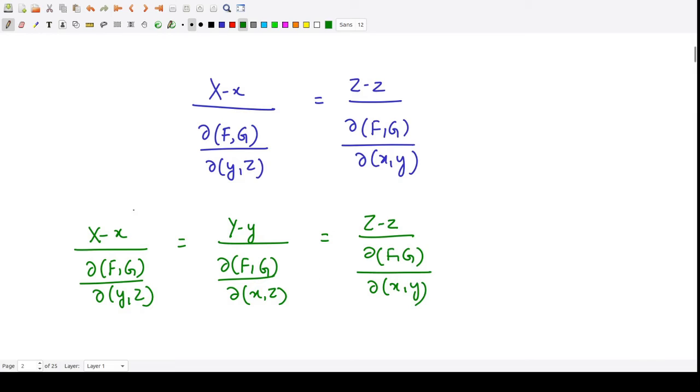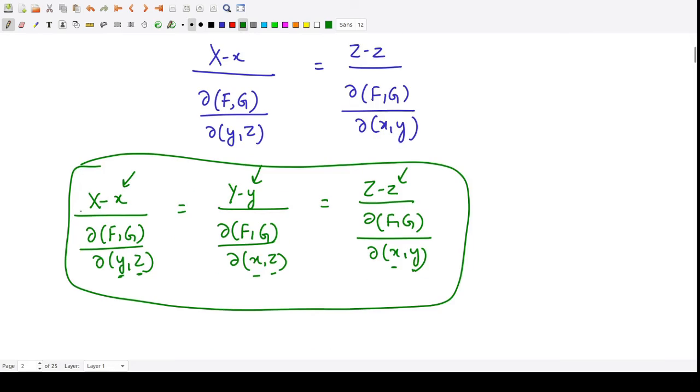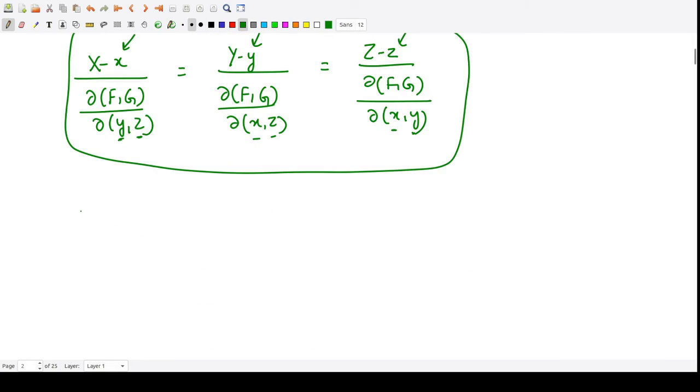So when you have the x factor, there is no x factor here. When you have y factor, there is no y factor here, and when you have z factor, there is no z factor here. Okay, so this is what we are having. This is the equation for the tangent line whenever you have two surfaces and you have calculated the tangent planes, and thereafter you have calculated their intersection, which corresponds to the equation of tangent.